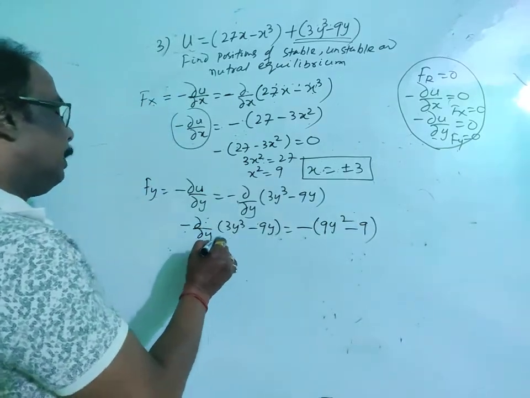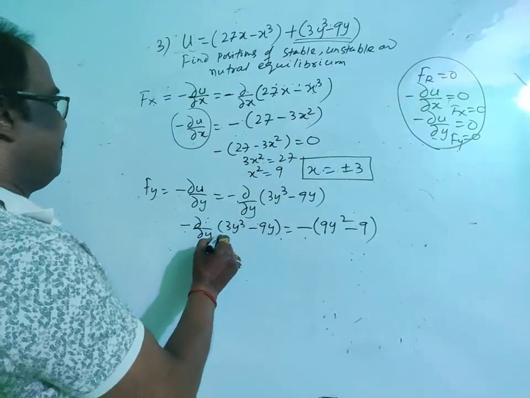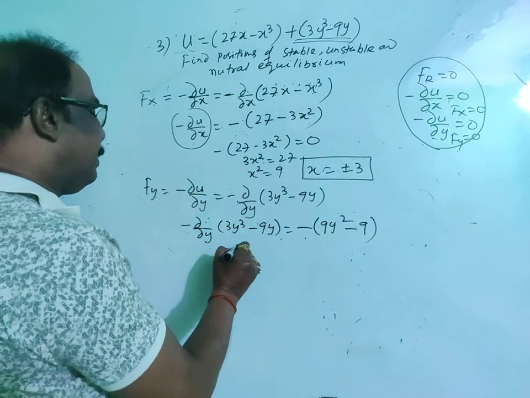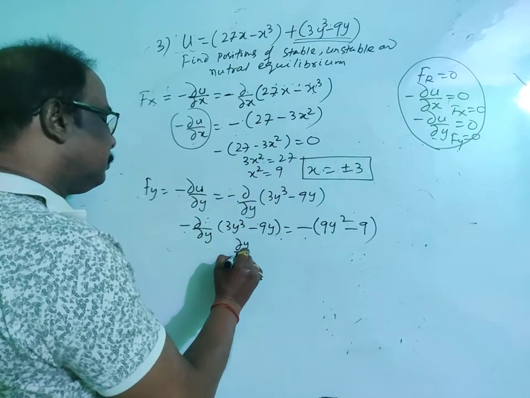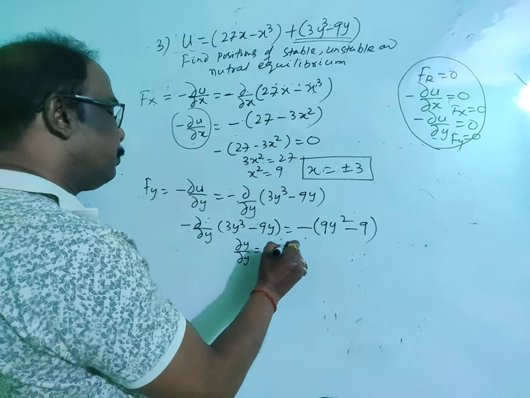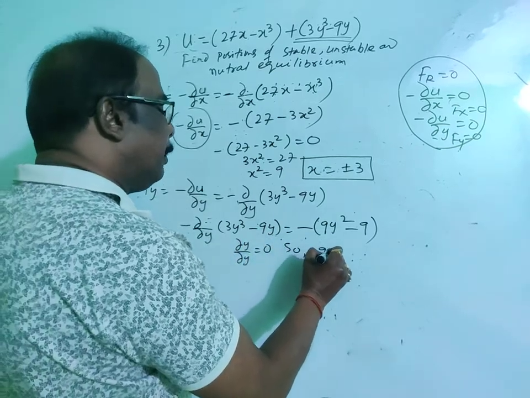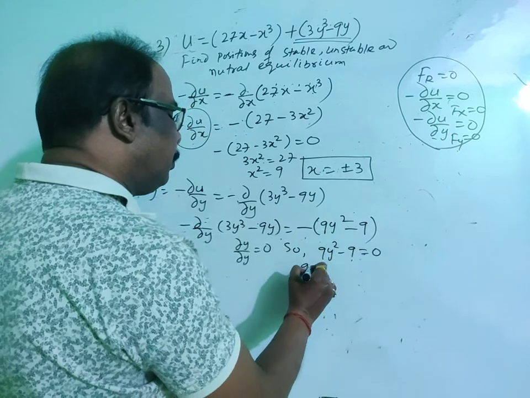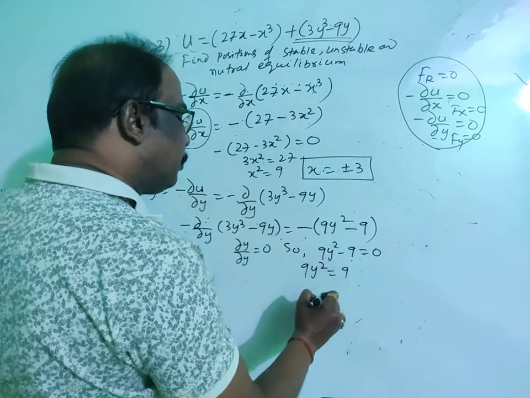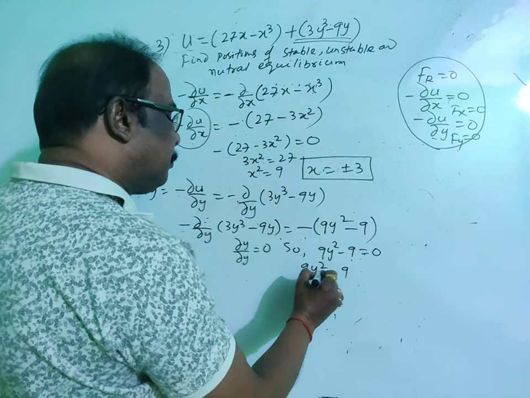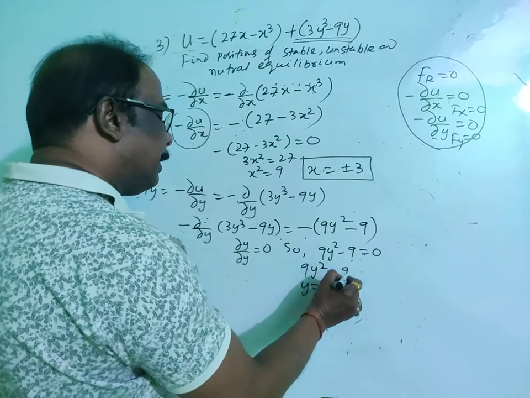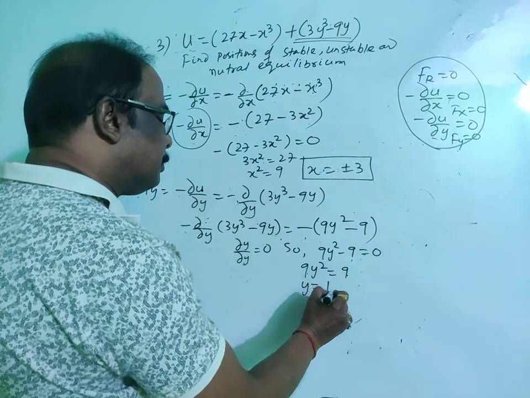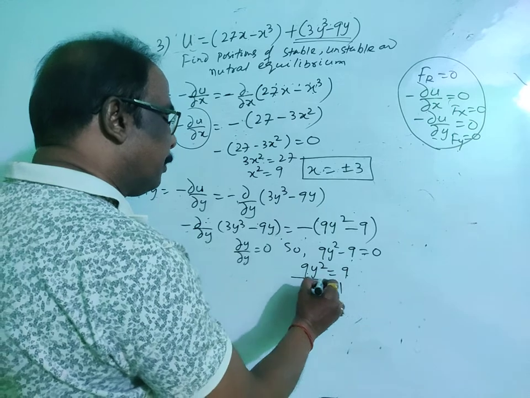Since du by dy is 0, 9y square minus 9 is equal to 0, so 9y square is equal to 9, y square is 9 by 9, which is 1, so y is equal to plus minus 1.